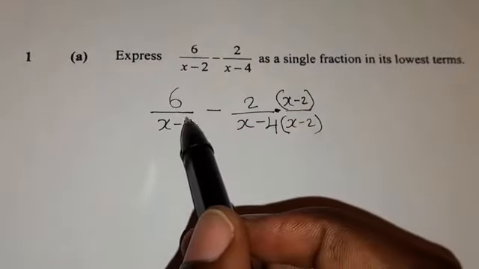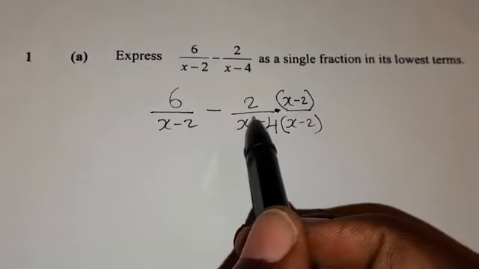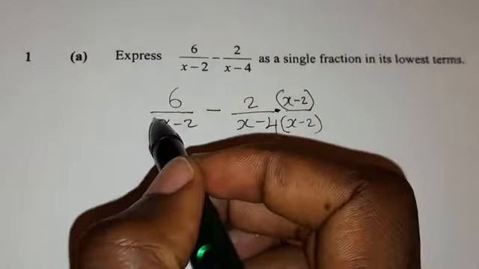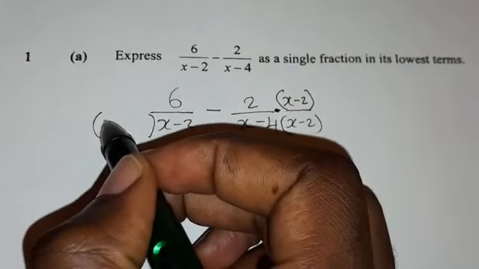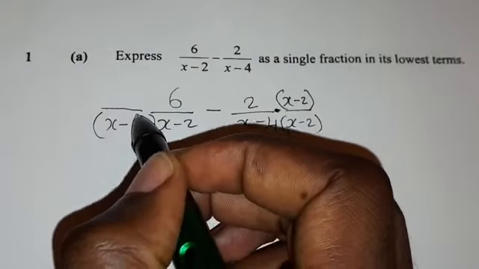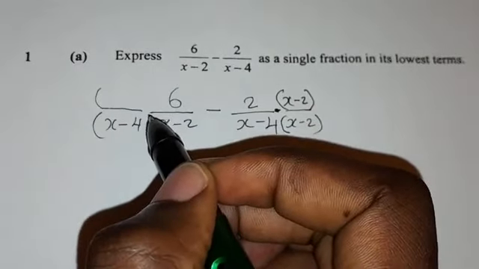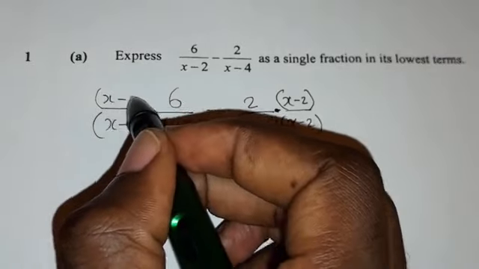Again, we are going to multiply the first denominator by the denominator of the second fraction, which is x minus 4. Then what we have done on the denominator, we also do on the numerator so that the value of the fraction remains the same. So x minus 4.